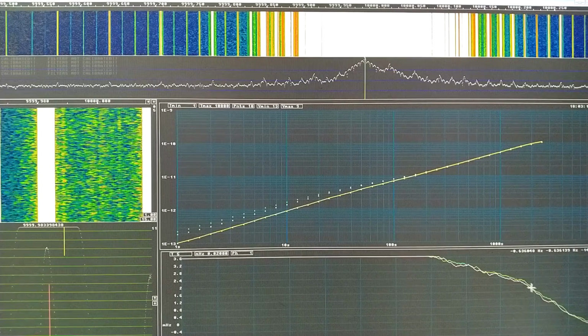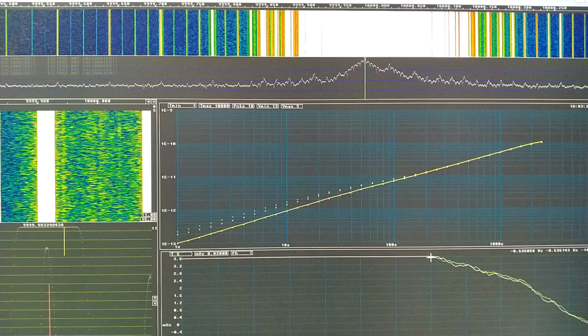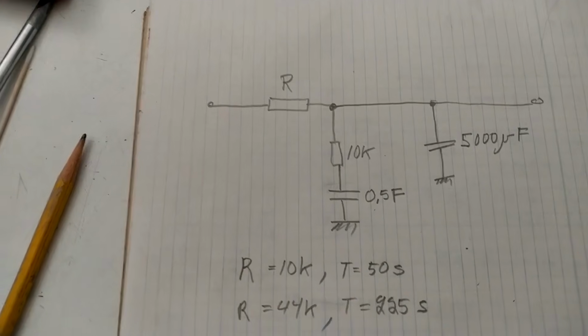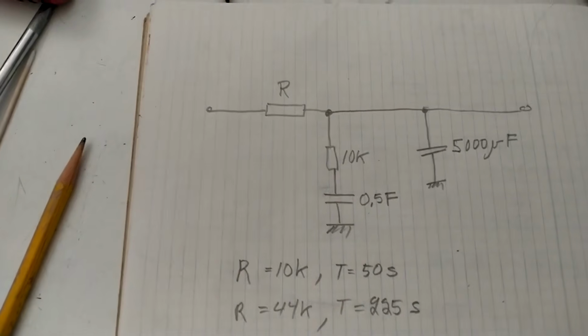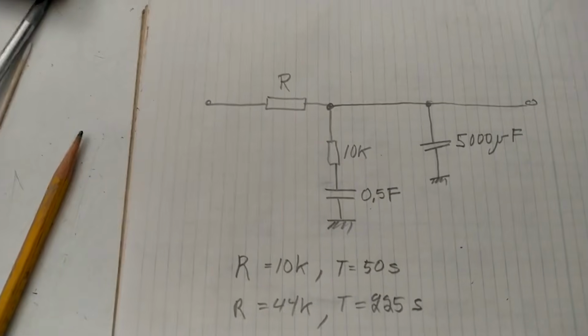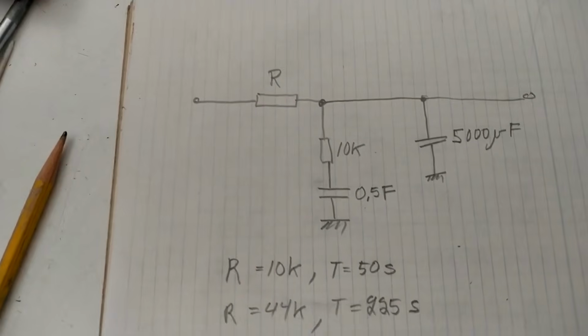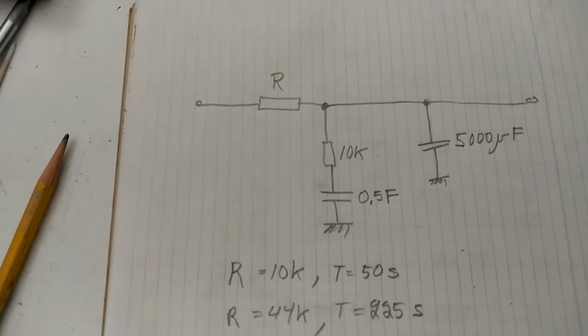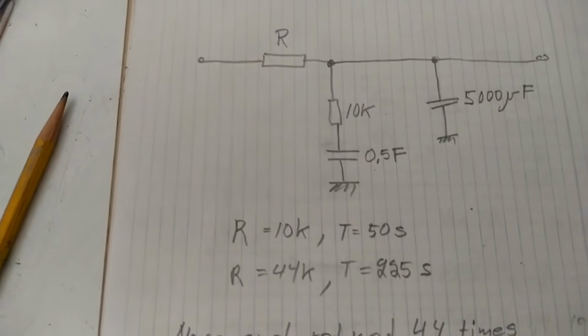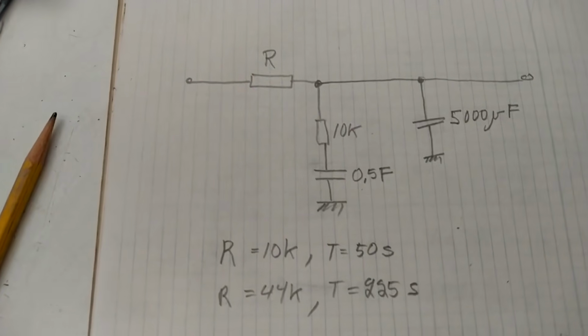And the big bending here is because now it's early morning and the sun has just started to reach into this room and it's warming up slowly. This is the loop filter for the PLL of the 2 reference oscillators. I have changed the resistor from 10 kilo ohms to 44 kilo ohms. That's a factor of 4.